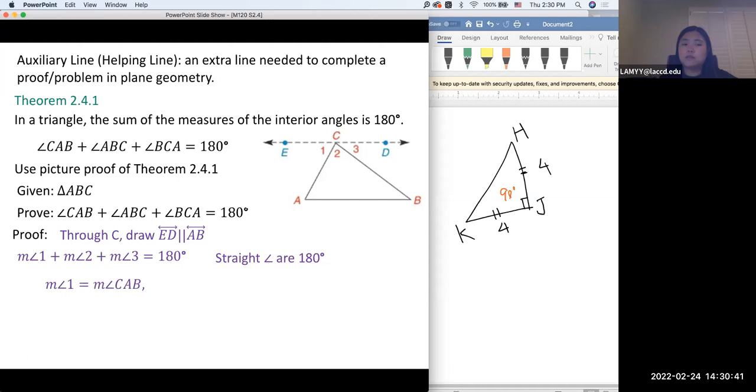So we have, right? We just talked about angle 1 congruent to angle CAB, and angle 3 congruent to angle ABC. ABC or CBA, they're the same angle.